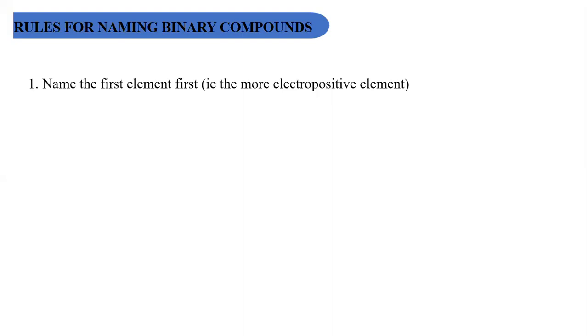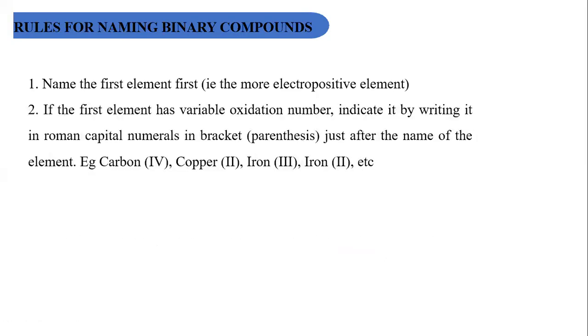The rule is that you name the first element first. Now, in naming that first element, if it is an element that shows variable oxidation state, then you will need to indicate the oxidation number of that element in capital Roman numerals, in parentheses, immediately after the name of the element.